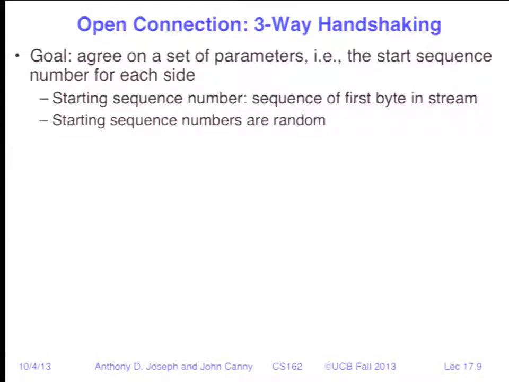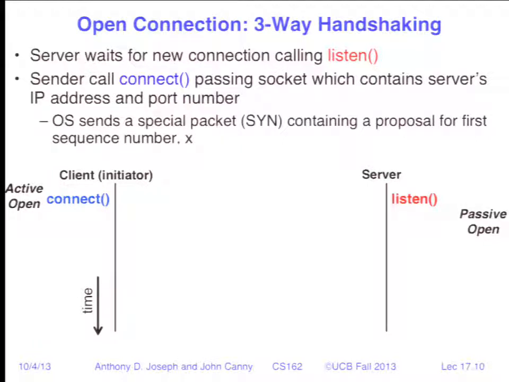And so hopefully that means we don't have collisions. I don't get a packet that was delayed in the network from a connection that I just had from a particular host.